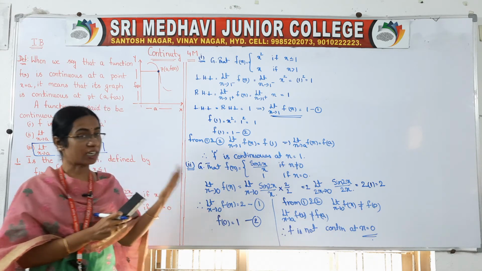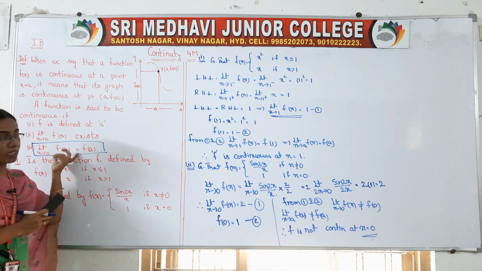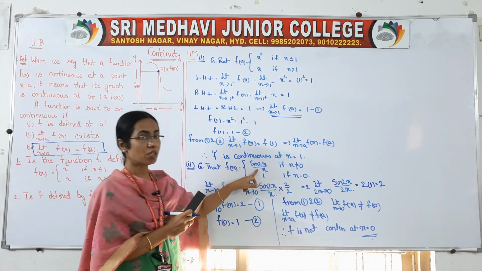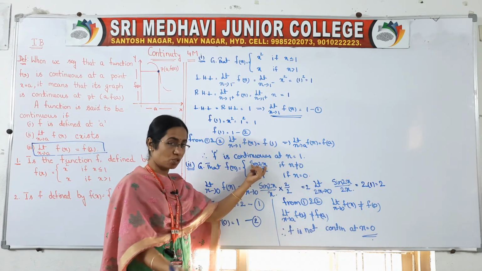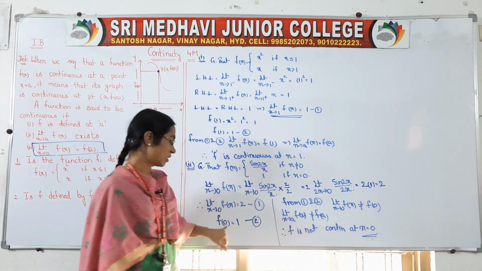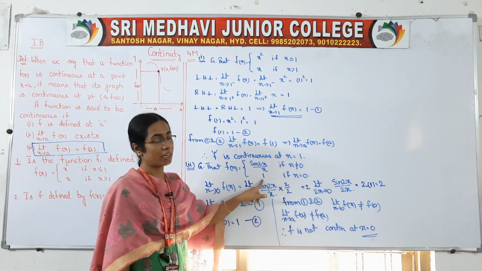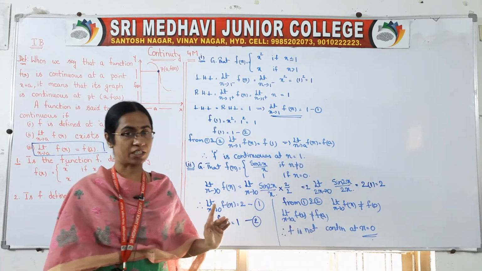If less than, greater than is not given in the question, we go directly to this condition. Where x is not equal to 0, that function is taken as the limit of the function as x tends to 0. And when x is equal to 0, f of 0 is equal to 1. So both are not equal, so it is not a continuous function.